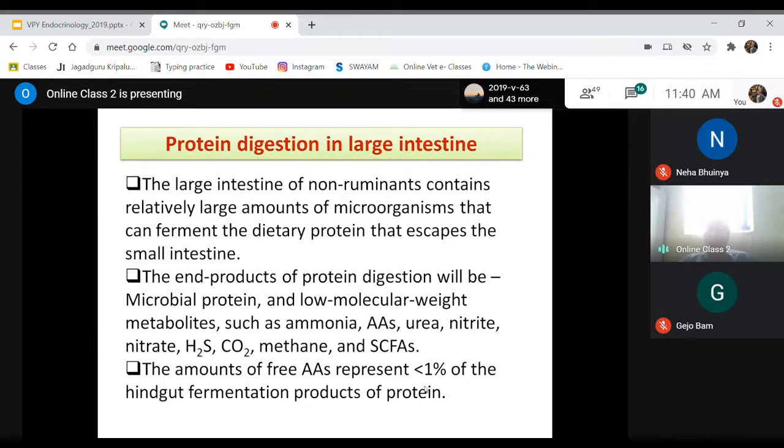But the amount of free amino acid represents less than 1% of the hindgut fermentation product output. So that means it will be very less, very, very insignificant. The available amino acid after digestion in the cecum of non-ruminant animals will be very, very less, and therefore insignificant.